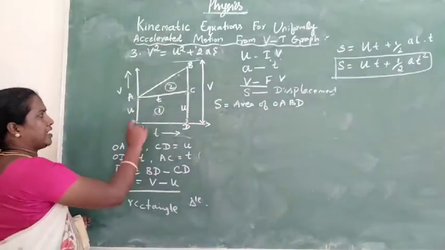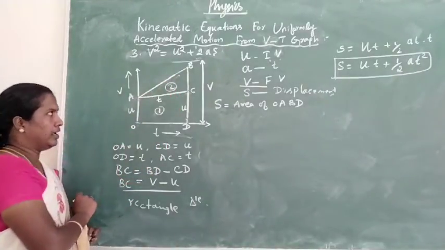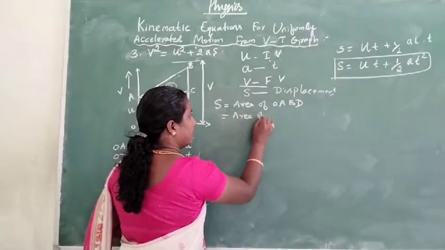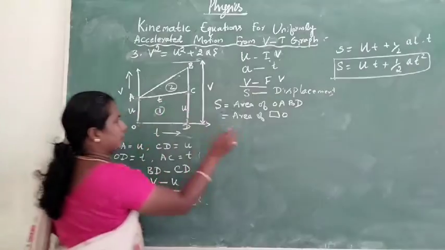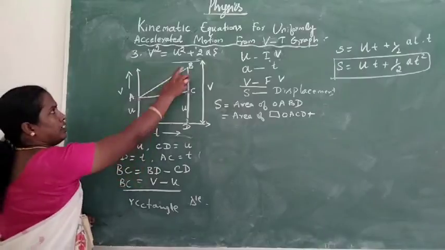Same way, this total area is the area of rectangle OACD plus the area of triangle ABC.